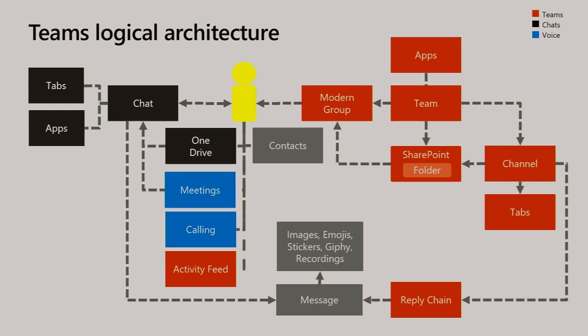Of course, you're able to add multiple apps in a team. You can add those through our App Store in the client. And we also have a SharePoint instance that is backing a team. So we talked about file storage. That's where files live in terms of our channels.